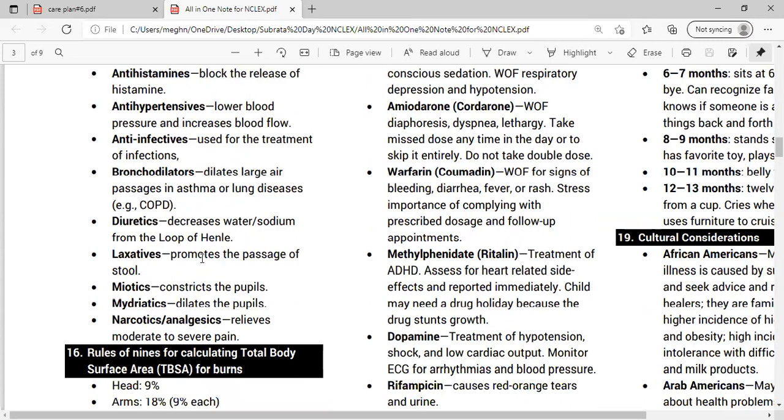Laxatives promote the passage of stool. Miotics constrict the pupil, and mydriatics dilate the pupils. Easy to remember: mydriatics spelling has a D, and dilatation also has a D. Narcotics or analgesics relieve moderate to severe pain.